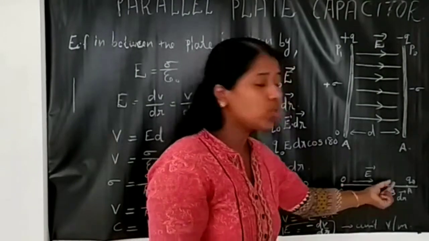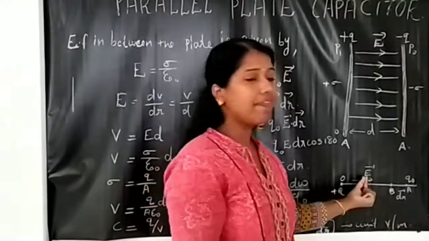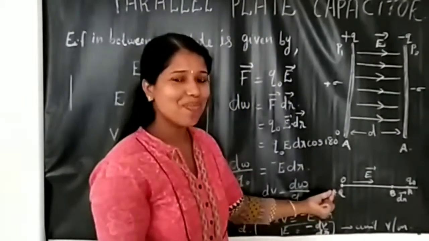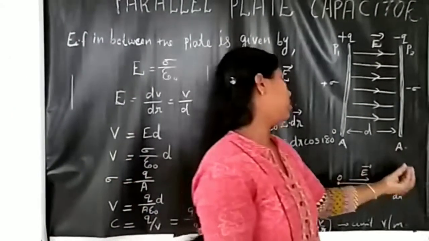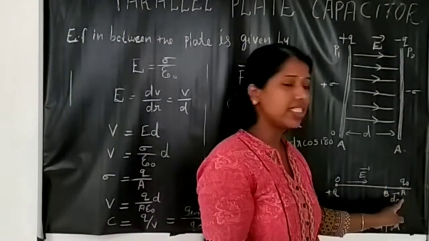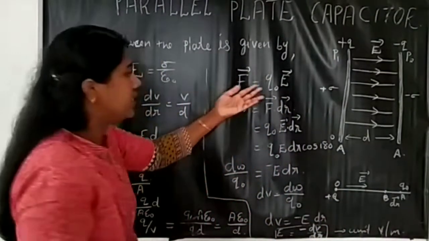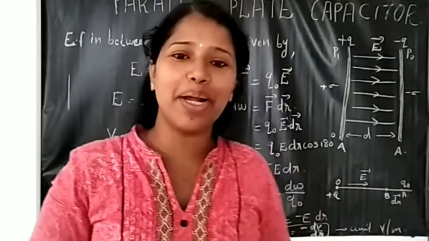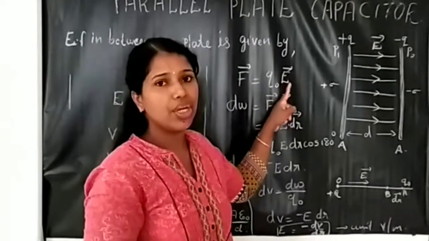Consider two points, A and B, in an electric field E, in the presence of charge plus Q placed at O. Here is one more test charge, Q naught, placed at A. The distance between them is dr. We know that electric field E is equal to force divided by charge. From that equation we can write F is equal to Q naught into E.